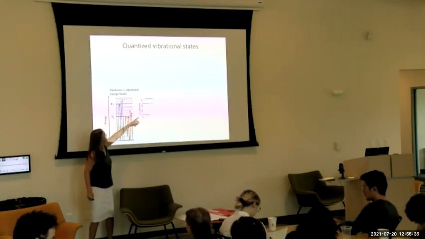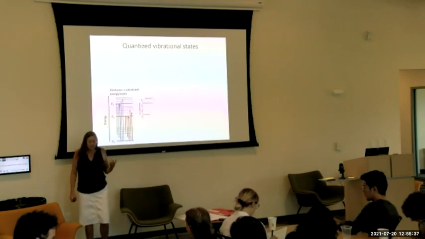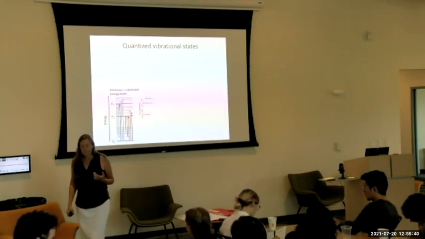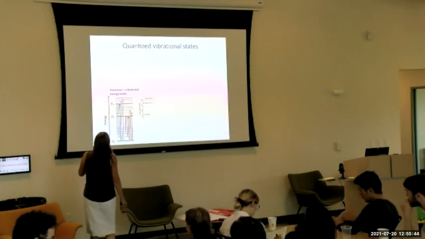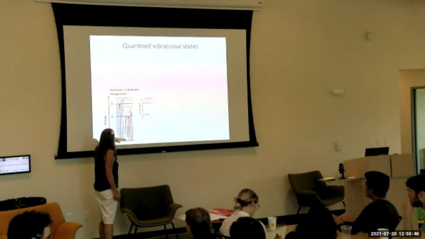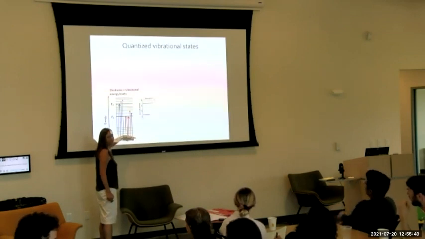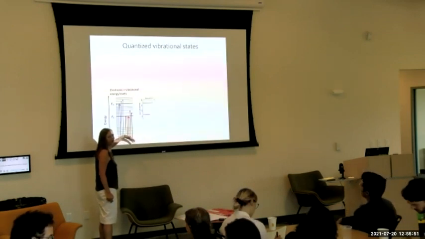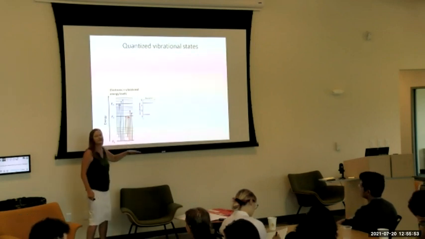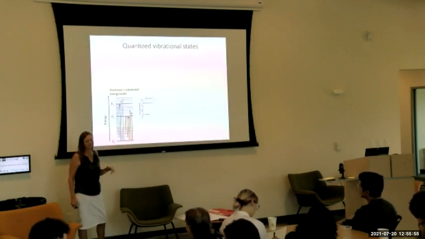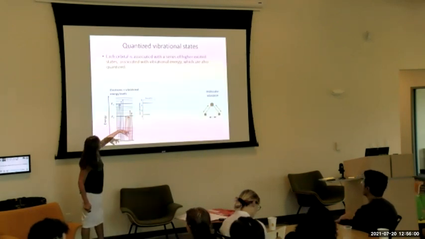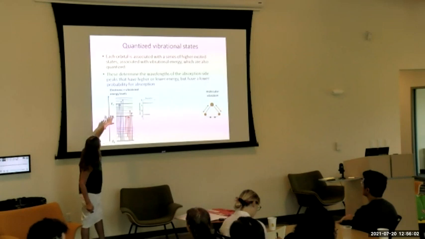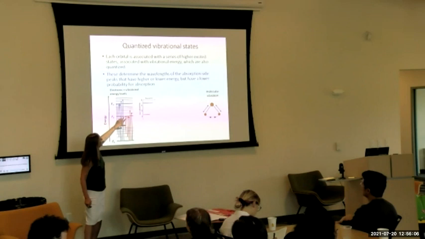So we go from having these two absorption peaks associated with these two electronic states, and then we may have all of these additional absorption events that are quantized to the vibrational states of the molecule. So that determines these side peaks here.